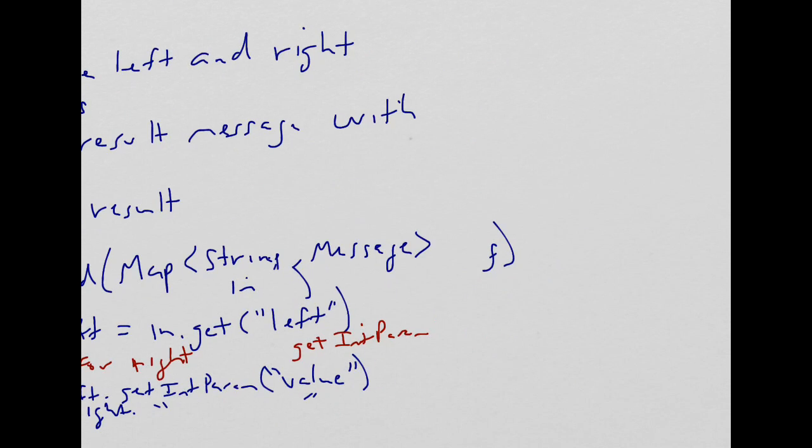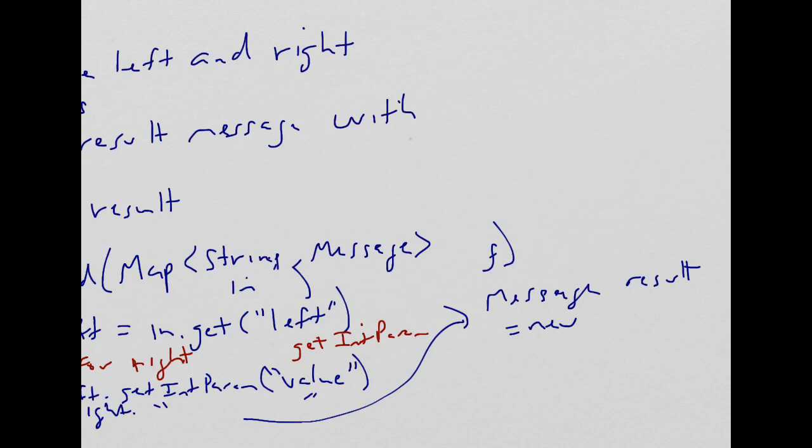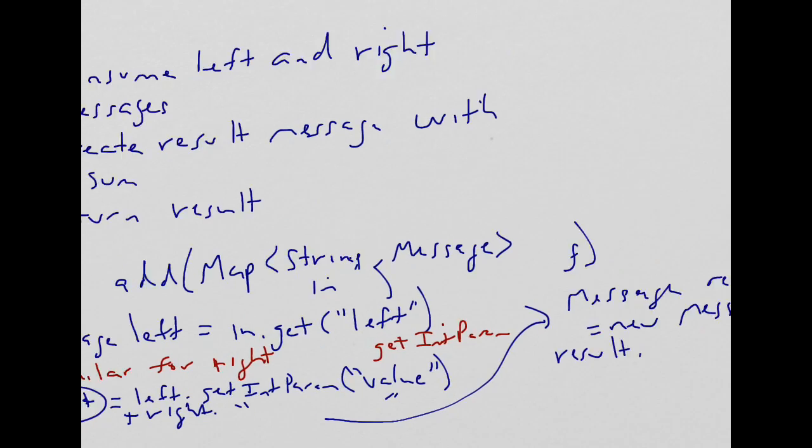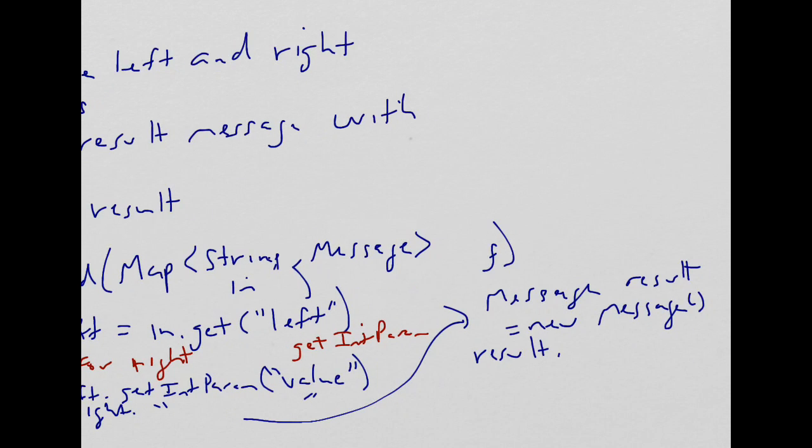There's a little bit of a problem for me to write all that here, but I'll do it over here. So basically, message result equals new message, and then result. Oops, what did I do? I have an integer result. I probably should give a different name to the message. I have a little bit of a typo in my assignment as well.